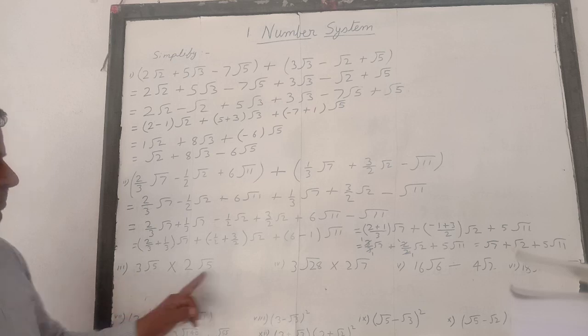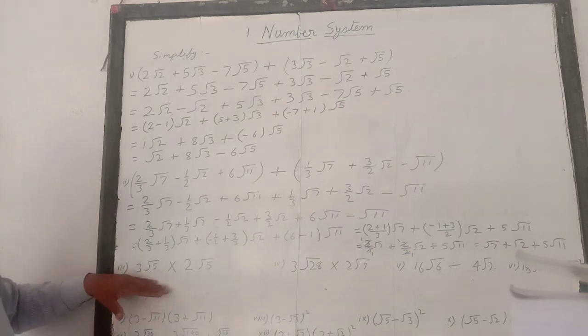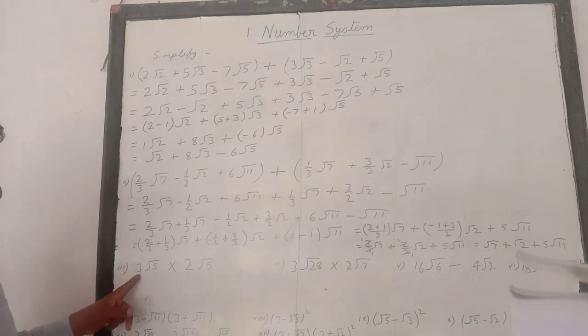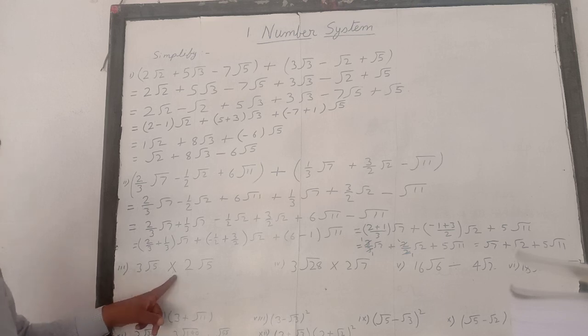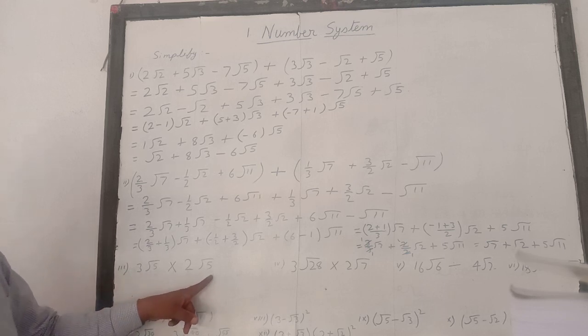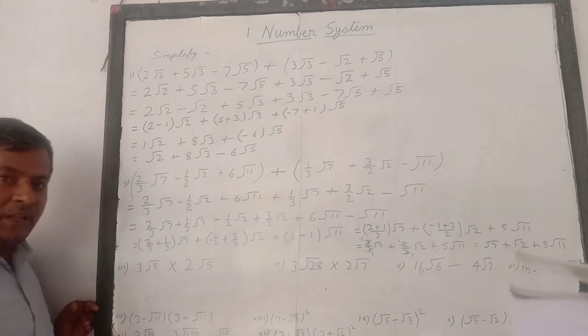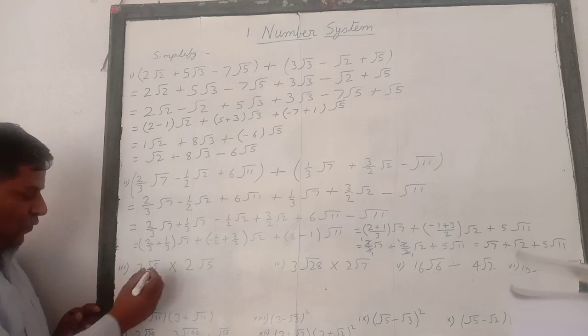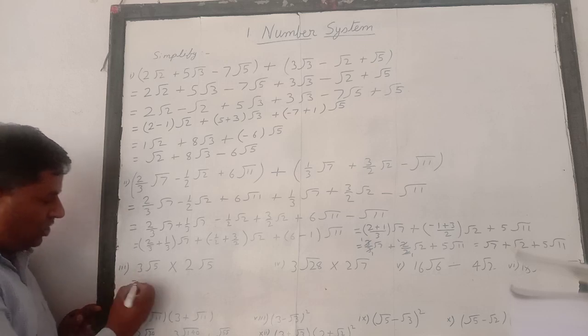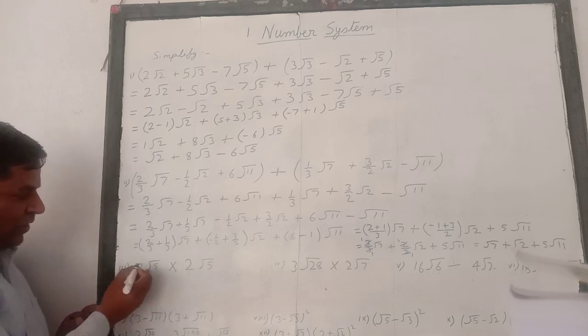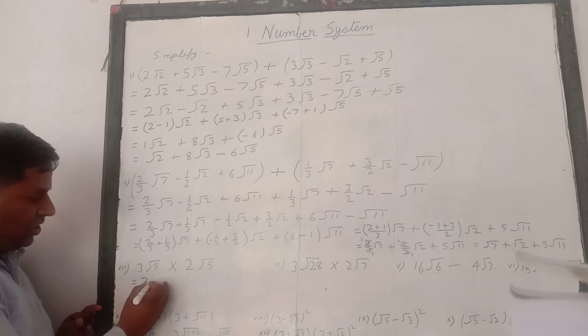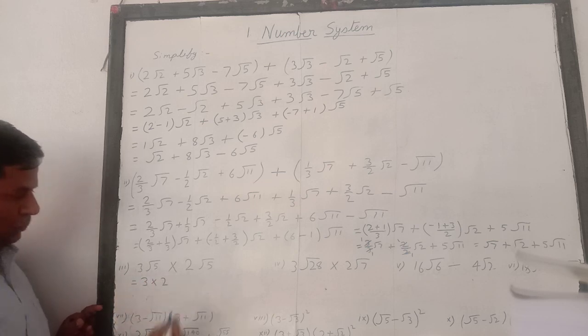They are multiplication. So here the first term you can see is 3 root 5 into 2 root 5. So we have to multiply these two terms. In case of multiplication, first we have to multiply the coefficients. The coefficient of root 5 is 3, so we can write here 3 into 2.